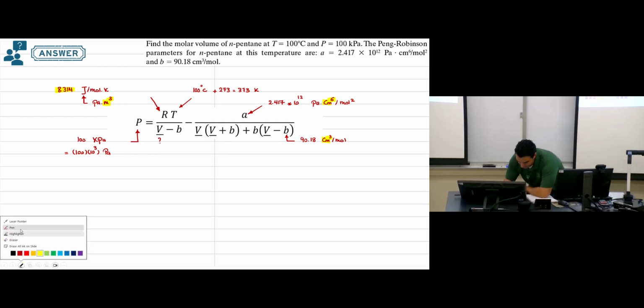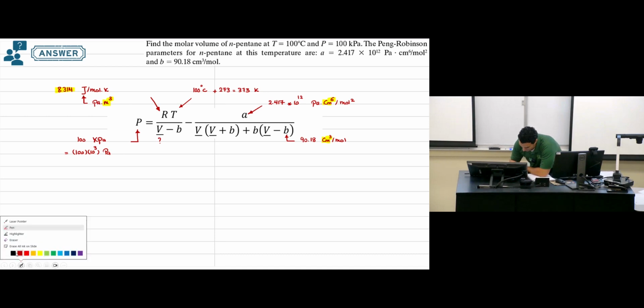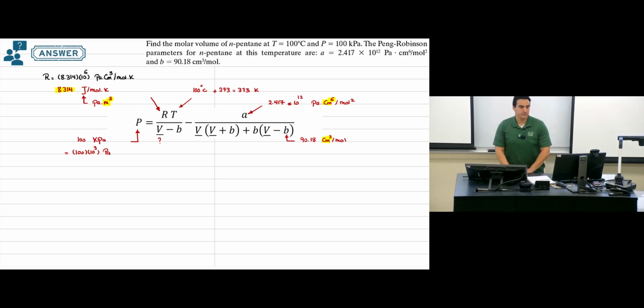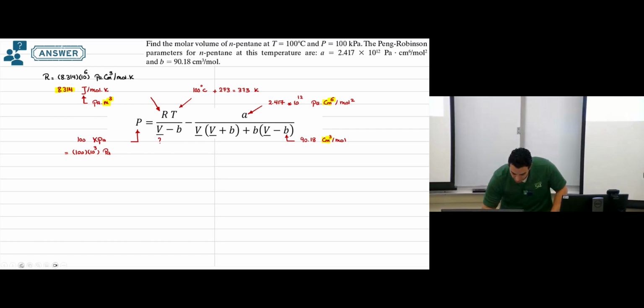If we did this, the value of R that we will use will be 8.314 times 10 to the power 6, in Pascal centimeter cube per mole Kelvin. Finally, check on the units.